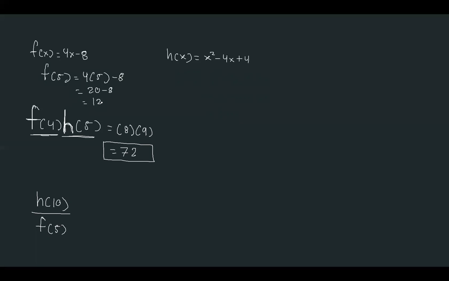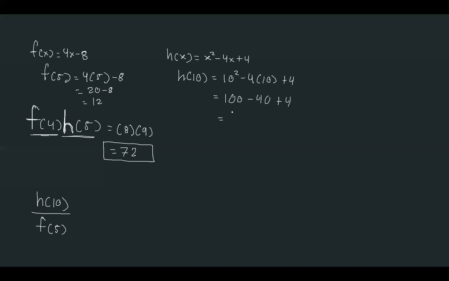Next, let's find h of 10. All right, h of 10 here, so we have 10 squared minus 4 times 10 plus 4. So we have 10 squared, so this is 100. So minus, we have here negative 4 times 10. You will have negative 40 plus 4.